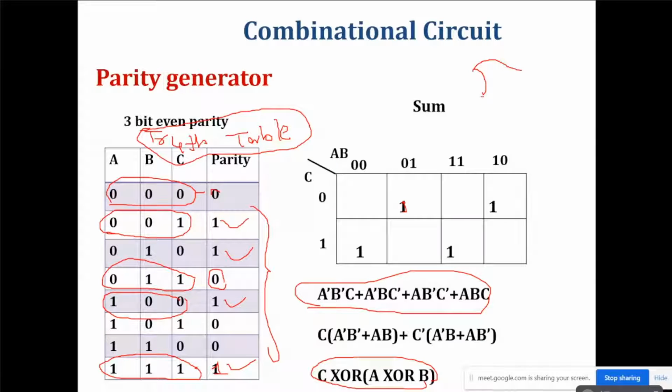So for the 3-bit even parity, this is 1 XOR for the 2 inputs, and the next input has to be XORed with the remaining two inputs, will be this. Here it is not a bubble.